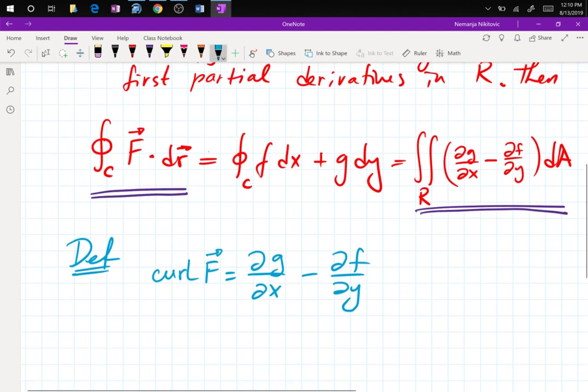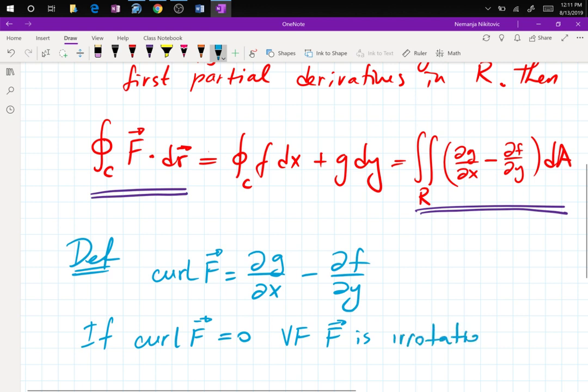So curl of vector field F is given by this, and then we say if curl F equals 0, the vector field is irrotational. So if curl F is equal to 0, vector field F is irrotational. That's what it is.